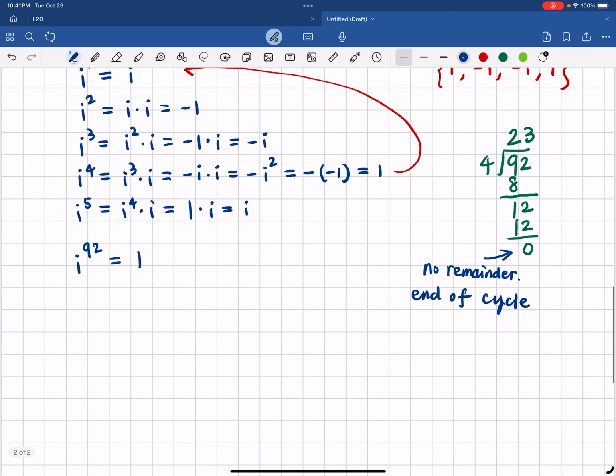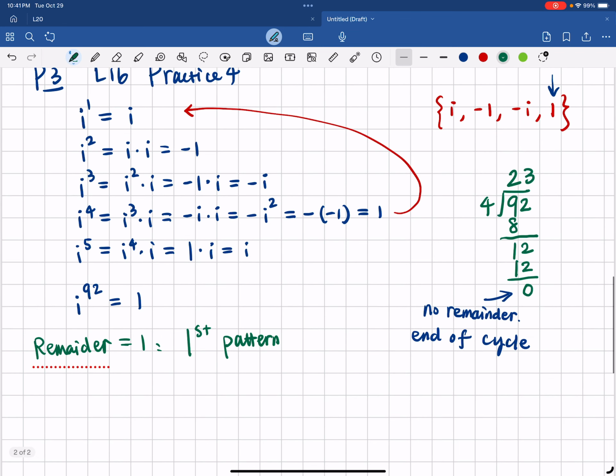So here, let's do a little summary. What happens if your remainder is not 0? If your remainder is, let's say, 1, then it will be the first pattern. What's the first pattern? i. If your remainder is 2, then it will be the second pattern.